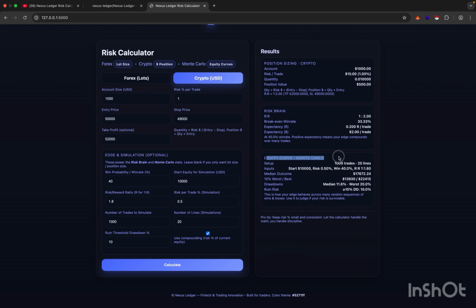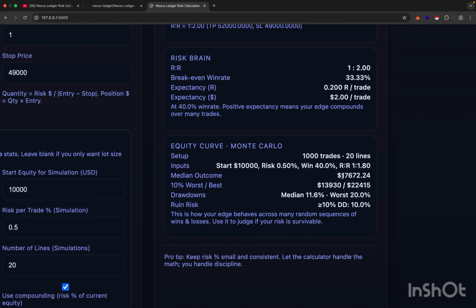So equity curve Monte Carlo, and it tells you that over the period of 1,000 trades, and we've done more than 20 lines of simulations, with a starting capital of $10,000 and a risk of 0.5% per trade, a win rate of 40%, and a risk reward of 1.8, the median outcome of your capital is $17,672, right?